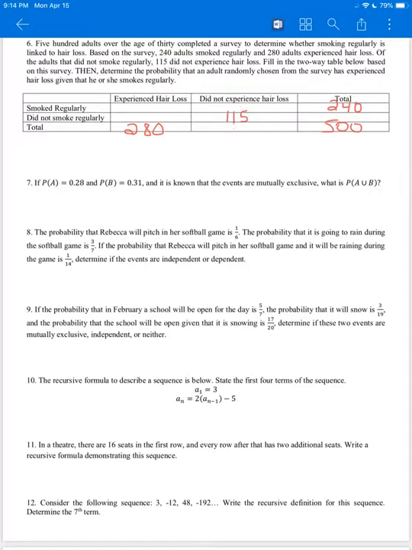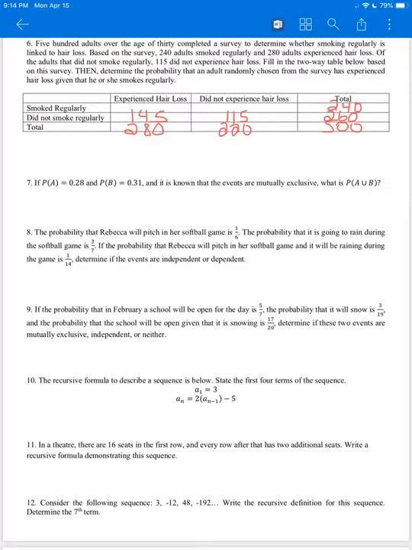Fill in the two-way table. So I have everything, so I can go ahead and fill stuff in. So 500 minus 280 gives me 220 total people who did not experience hair loss. If 240 people smoked regularly, that means that 260 people did not. 260 minus 115 gives me 145 people experienced hair loss but did not smoke regularly.